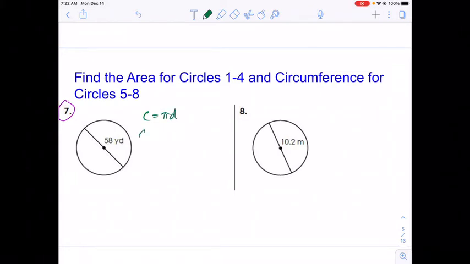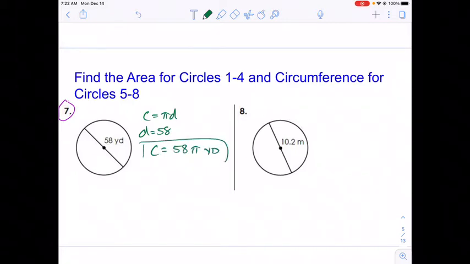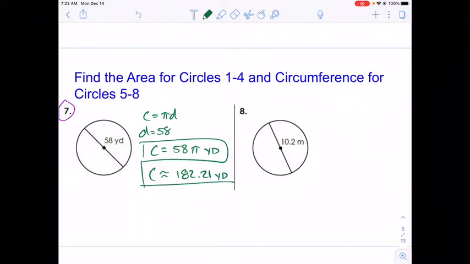Since they give us the diameter here is 58, then our answer is going to be circumference is equal to 58 pi. This will be in yards. So that is our first answer. And then our second answer is when we multiply 58 times pi, and that's going to give us approximately 182.21. This will be in yards.